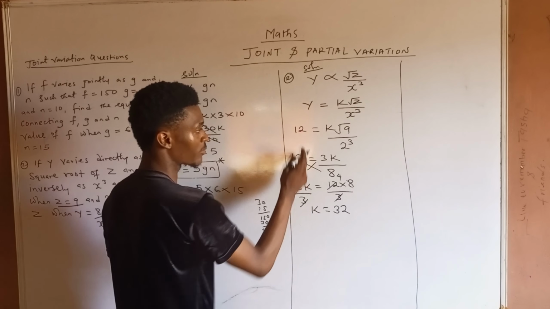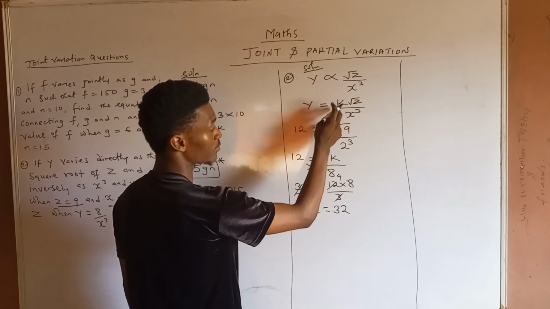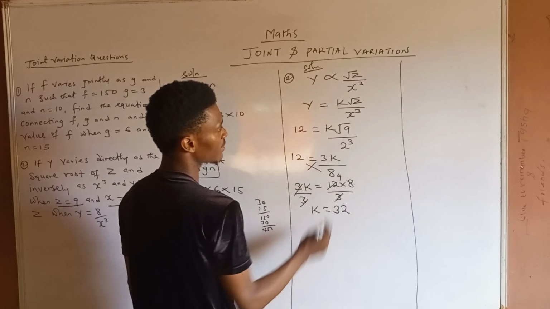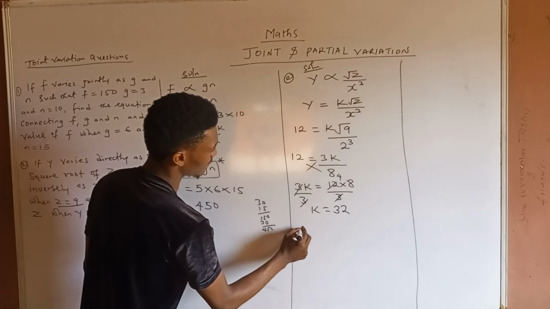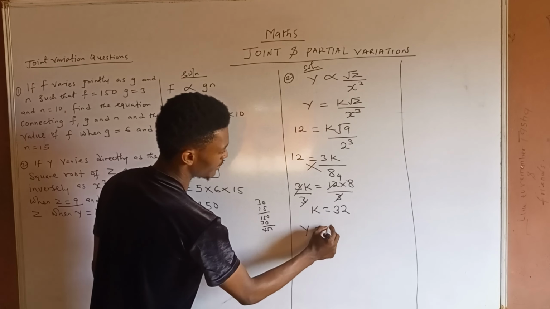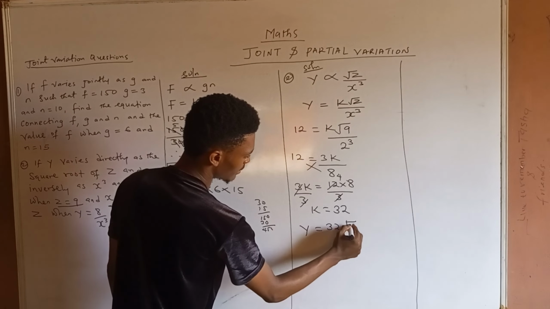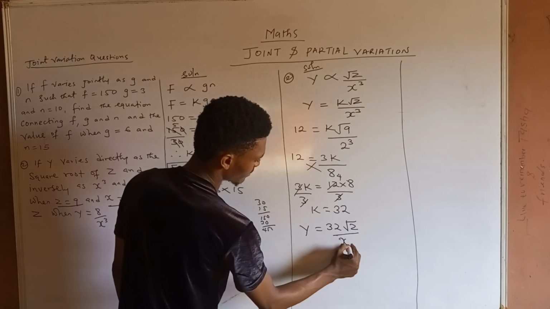So we now come to this formula, and then we input our k value in order to show the formula that is actually connecting the three quantities, y, z, and x. So it becomes y, in place of k would now be 32, then root z, then over x cubed.